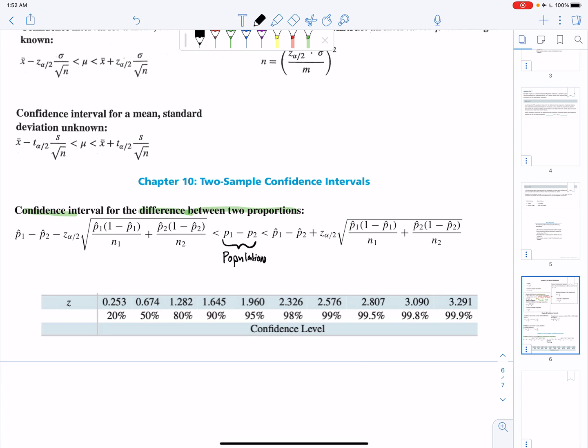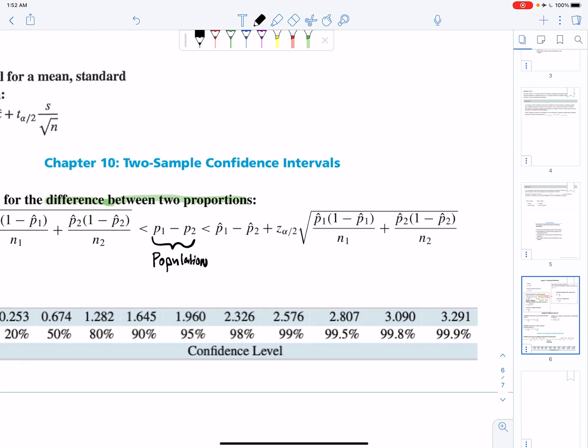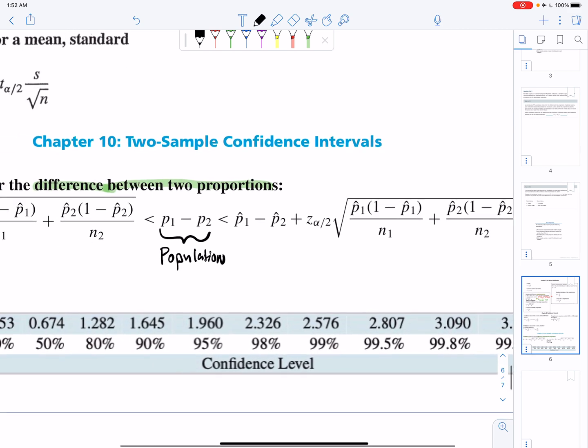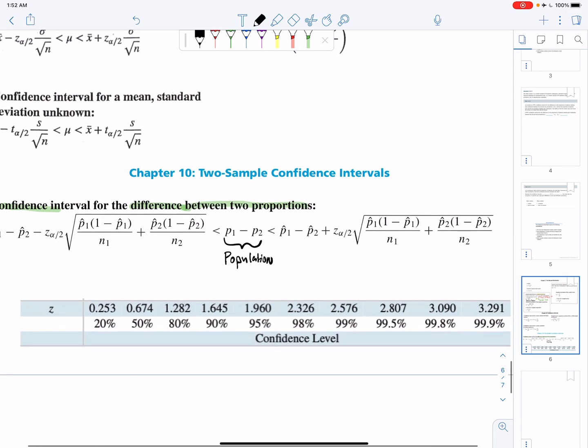And with these confidence intervals, very often what we're trying to do is figure out the difference of these two population proportions, which we don't know. Let me say that again. We don't know what this value is. It is proportion 1 minus proportion 2, the population proportions from two different populations. I don't know what that difference is.